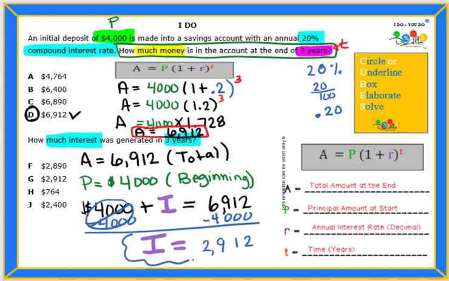So the interest is $2,912. That is the difference between the beginning of the account and the end of the account. And that is the amount that was added for interest. So our question was, how much interest was generated in 3 years? It's $2,912 was the interest generated in 3 years.